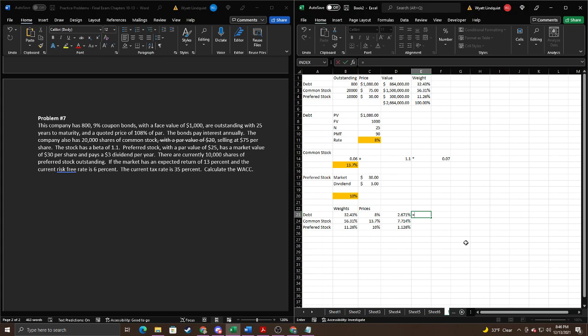So what we will do is take this and multiply it by the tax effect, which is 1 minus 0.35. So what this means is essentially we are taking the price that we owe, and actually we're going to do this a little bit differently.